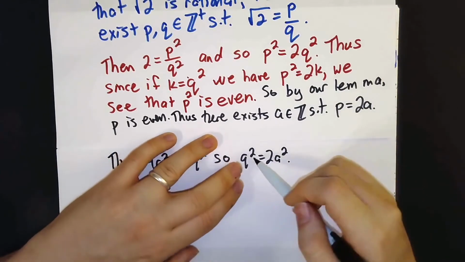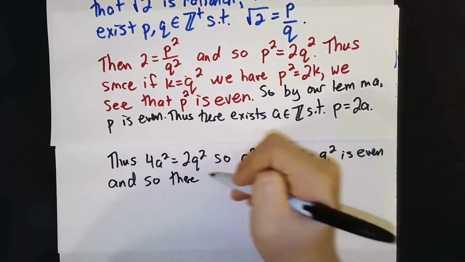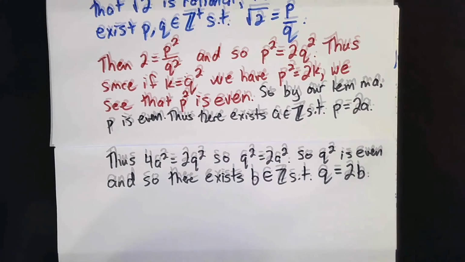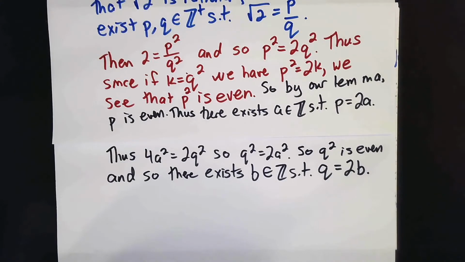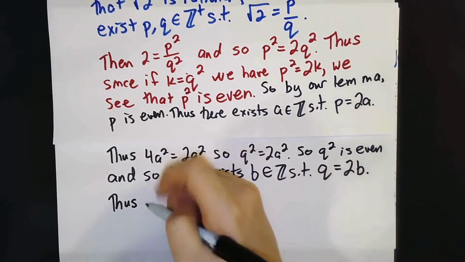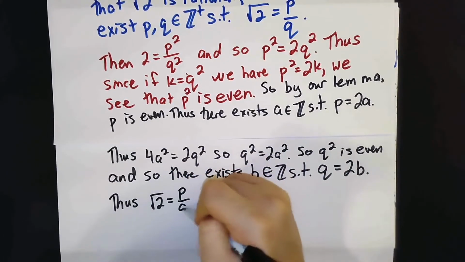But by exactly the same argument, now q squared is even, and so there exists, let's call it b, such that q is equal to 2b. Now, the temptation here is to go put this back into the original equation, and now we've got another equation, and we can keep doing this forever. But I want to make a new observation, which is that if I go to write square root of 2, back where we were originally, that's p over q.